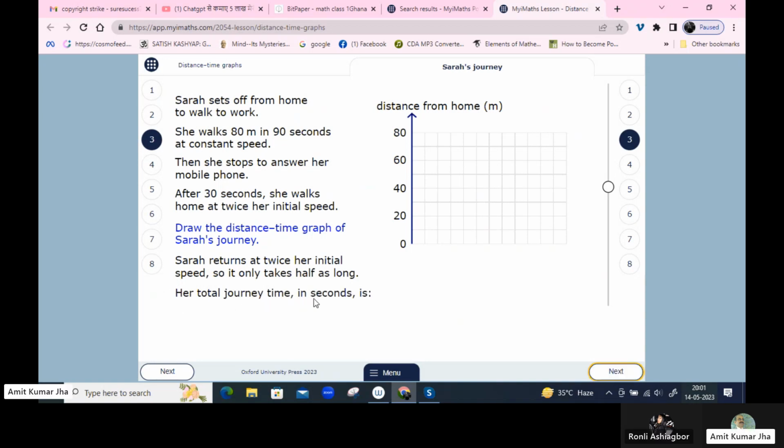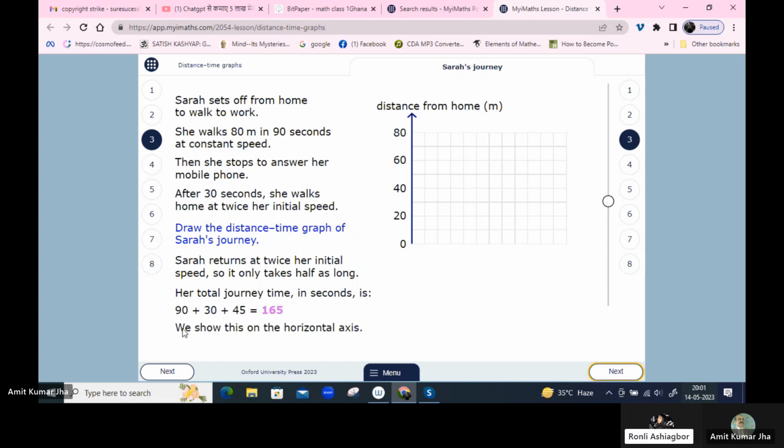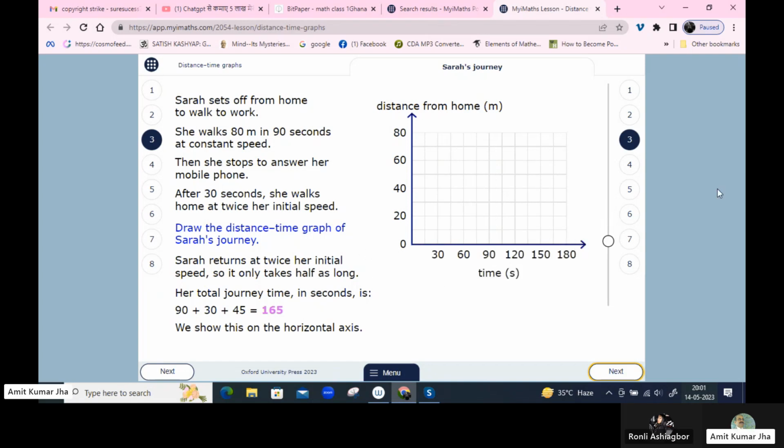Her total journey time in seconds: initially she goes for 90 seconds, then she stops to answer the mobile call for 30 seconds, and then she moves at double the speed and comes back. We show this on the horizontal axis. See here, the horizontal axis is this, time is shown here.